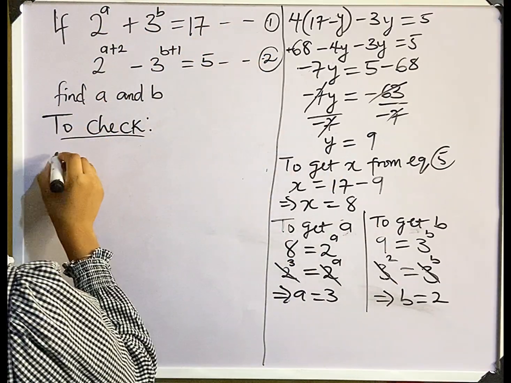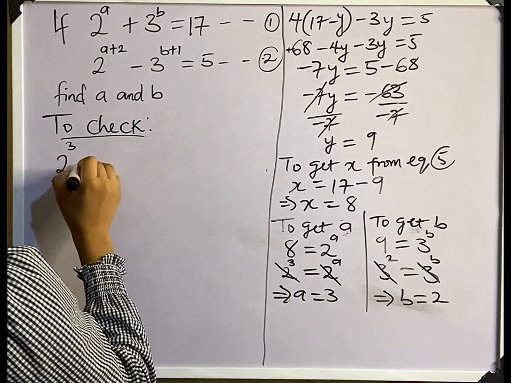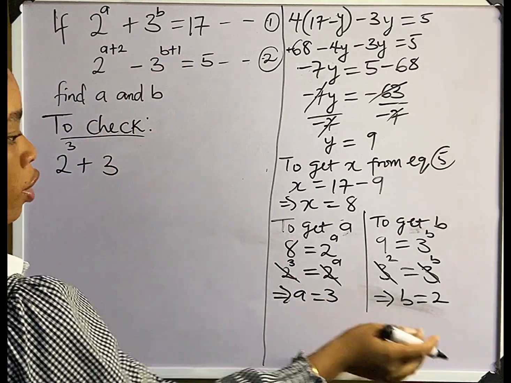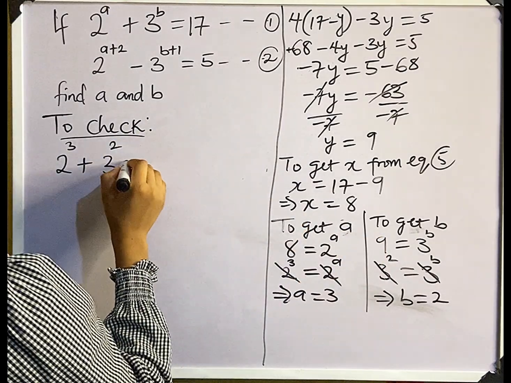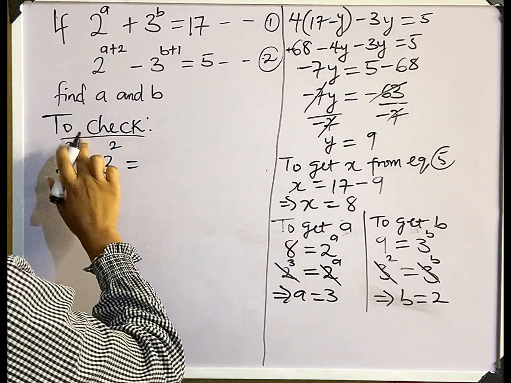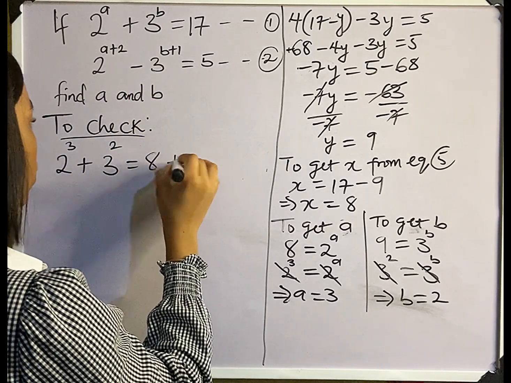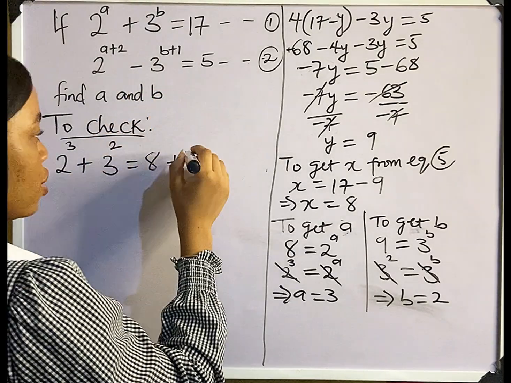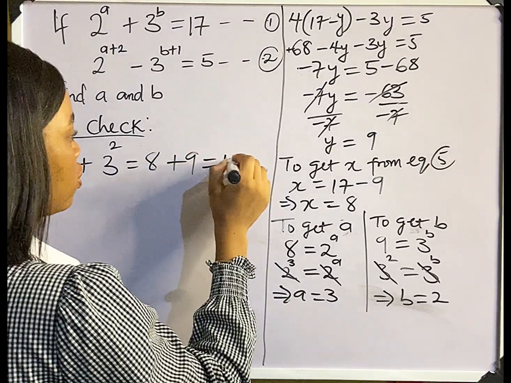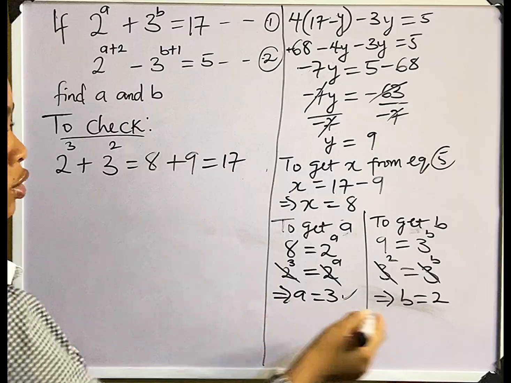So we have 2 raised to the power of a, which is 3, plus 3 raised to the power of b, which is 2. Let's see if it will actually give us 17. 2 raised to the power of 3 is 8, plus 3 raised to the power of 2, that's 9, and that equals 17. So we see this is correct.